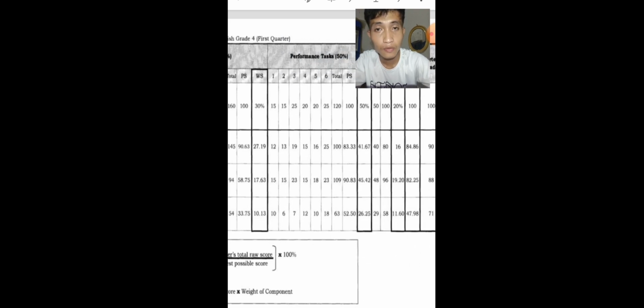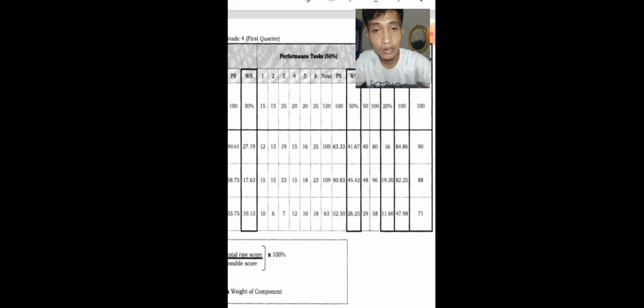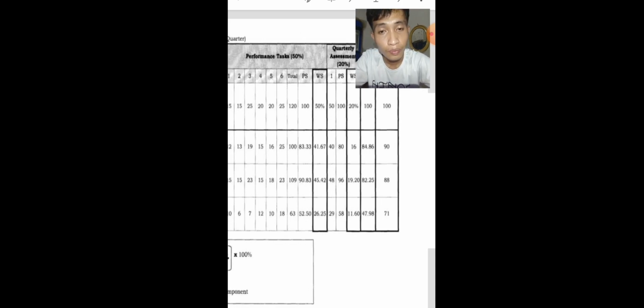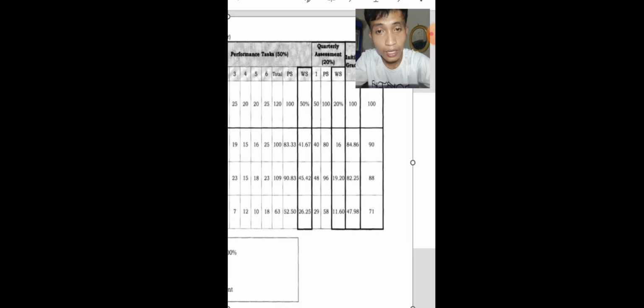Then learner B got weighted score for the written works 17.63. Then for the performance task, learner B got 45.42. Then for the quarterly assessment, learner B got 19.20. So we add all of those, then it sum to 82.25.